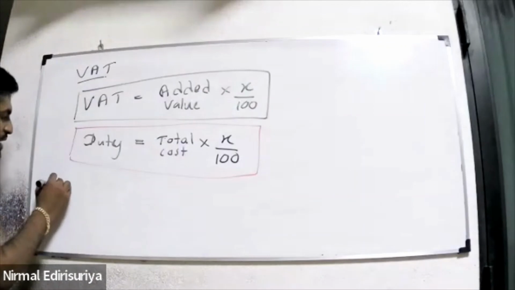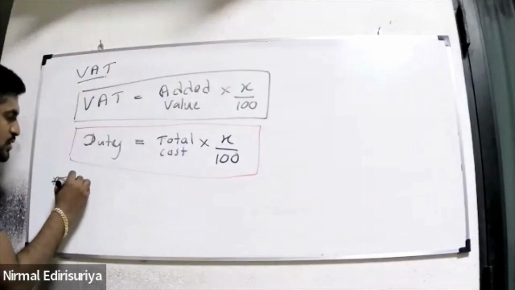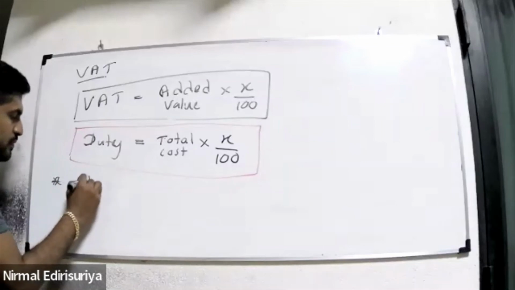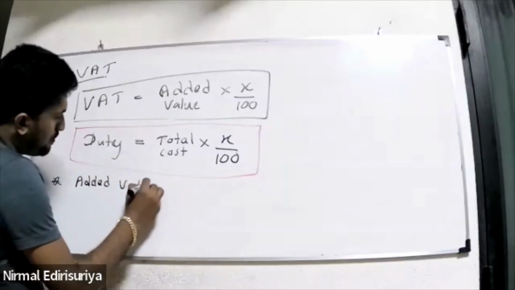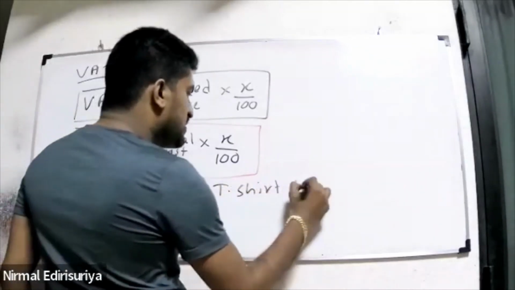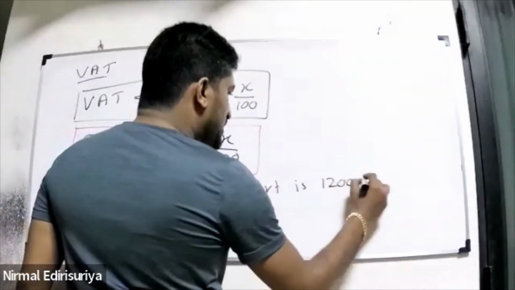Let's do a VAT calculation and stop. The added value of a t-shirt is 1,200 rupees.